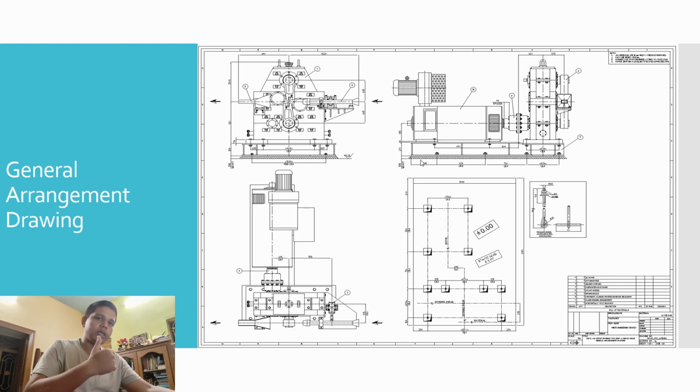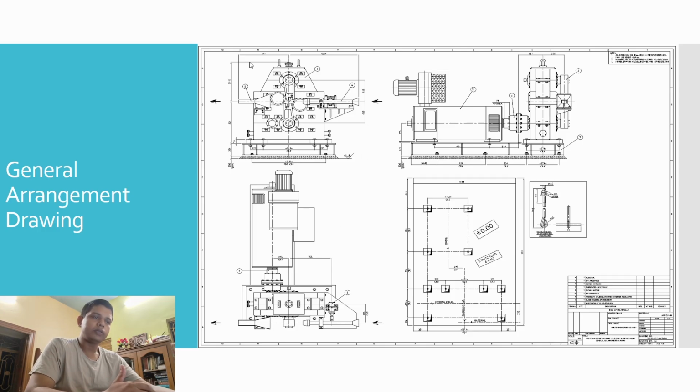But the major objective of putting this drawing is to show you that it contains the overall information. That means the pass line height of the material, the total height of the machine, along with the foundation hole centers, so that the erection can be done.